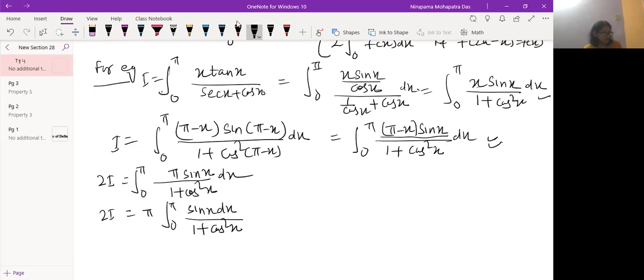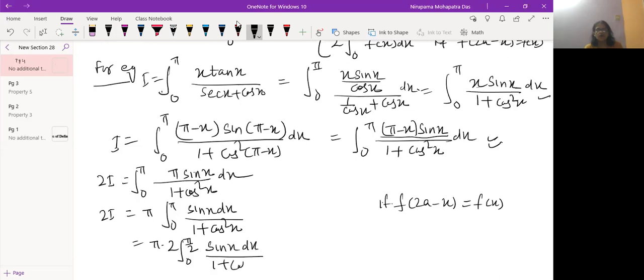We can take it like this, but we can also use f of 2a minus x equals f of x. If this holds, then integral 0 to 2a of f(x) dx equals twice integral 0 to a of f(x) dx.